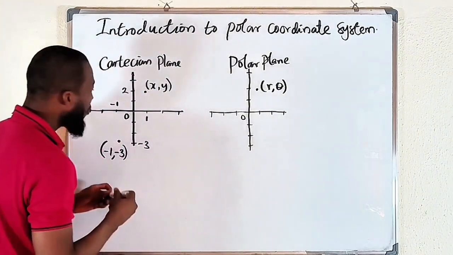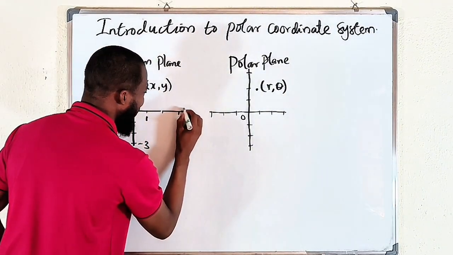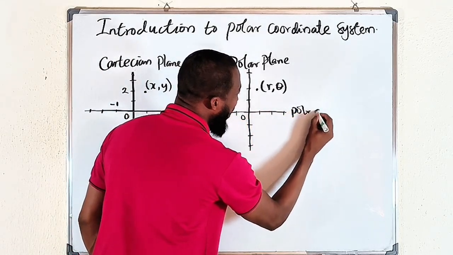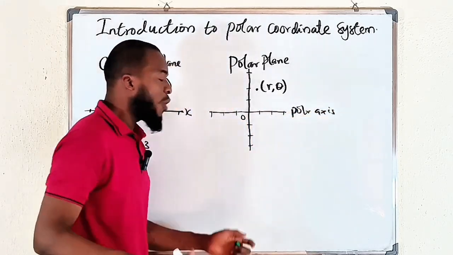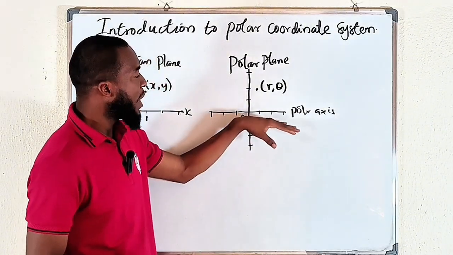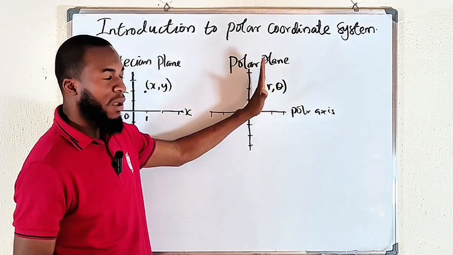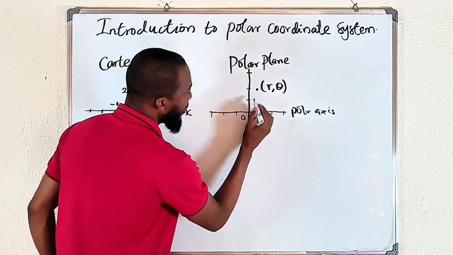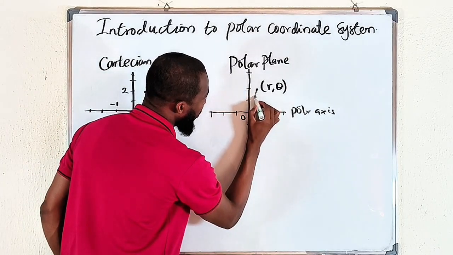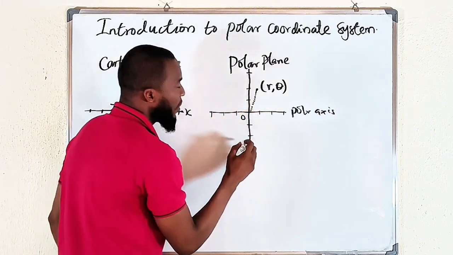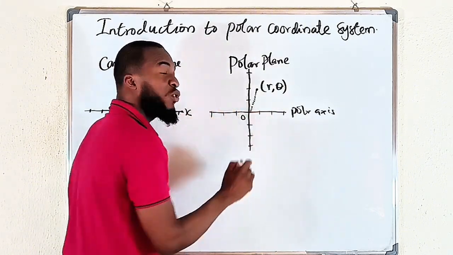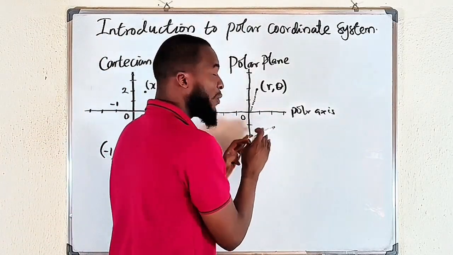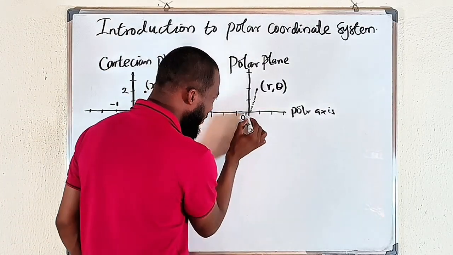Then the angle here, which is theta, is the direction from the what? Polar axis. Remember, we used to call this the x-axis, right? This is the x-axis, but we call this one the polar axis. So you have to calculate that angle from the polar axis like this, counterclockwise, to reach this particular point. So for instance, if I draw a dotted line here from the origin, which in the polar plane we call the pole, that is this particular point.